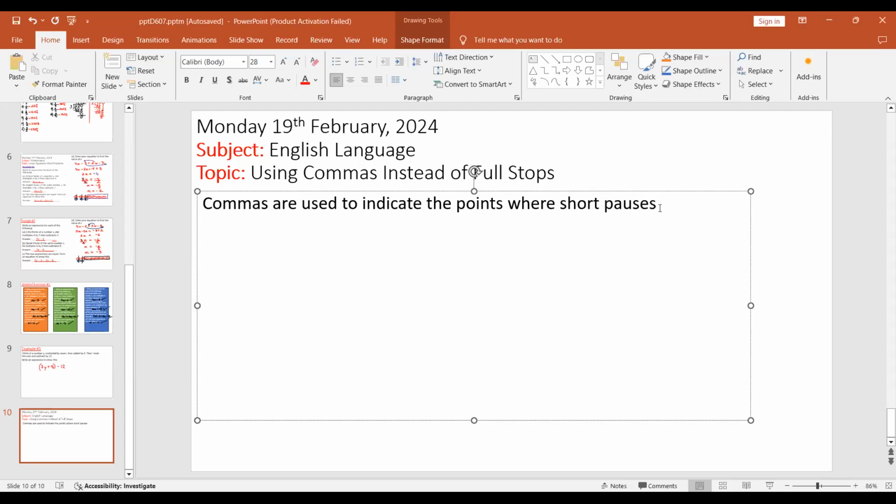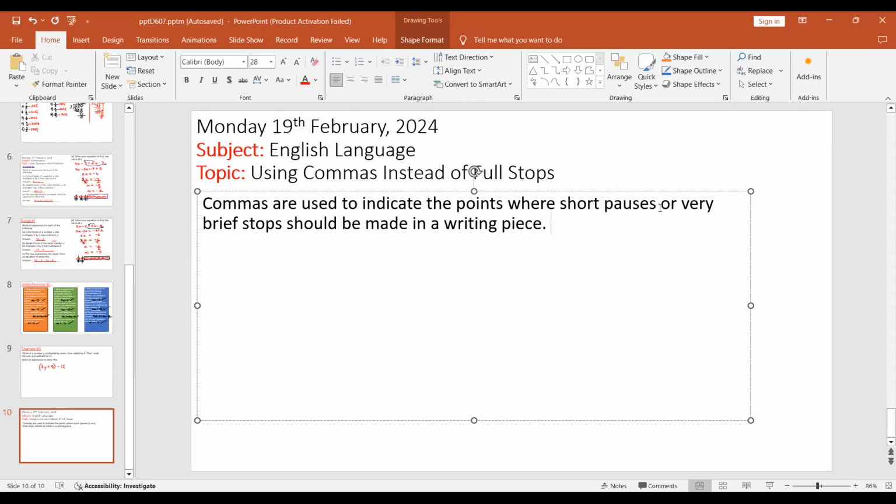Okay. So commas are used to indicate the points where short pauses or very brief stops should be made in a piece of writing. So whenever you see a comma, you can't just run over it, right?